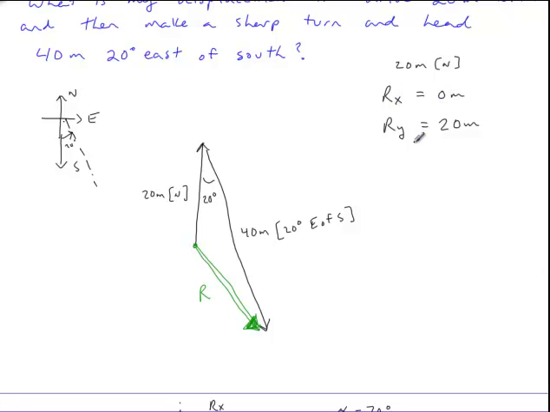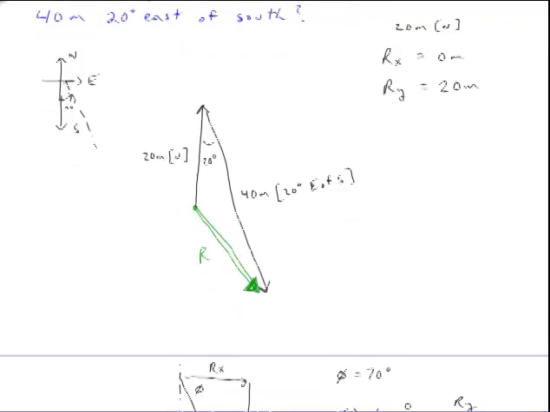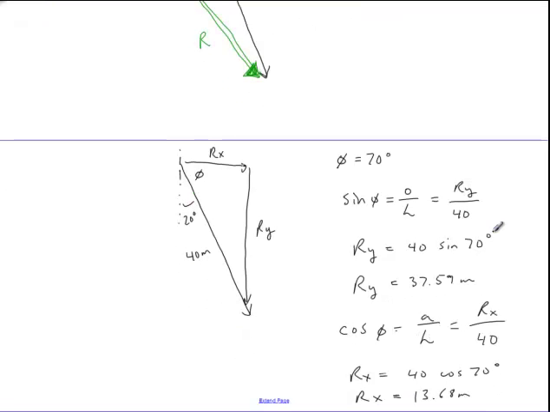This is 0, we don't have to worry about it. Ry, 20 meters. Where are we going? Up, so that's positive. Rx is going right, which is positive, so it's 13.68, fine. Ry, what way are we going? Down. That's negative. So Ry is negative 37.59 meters.